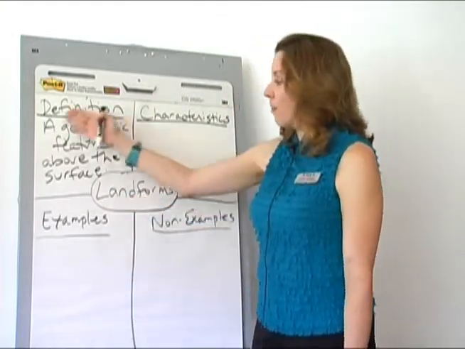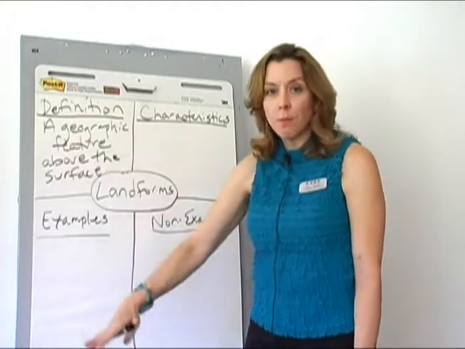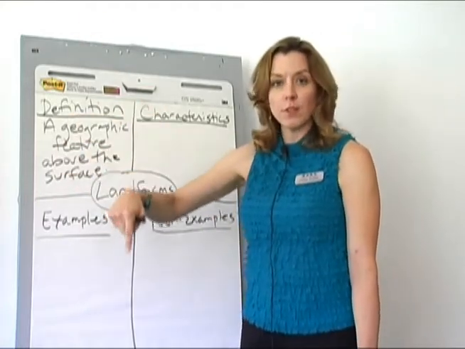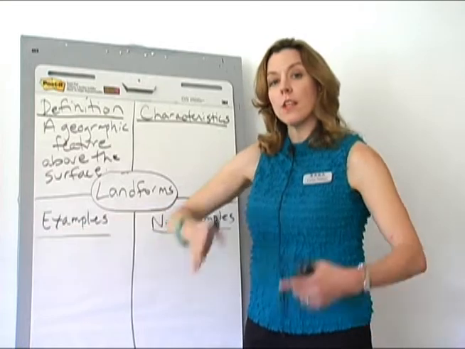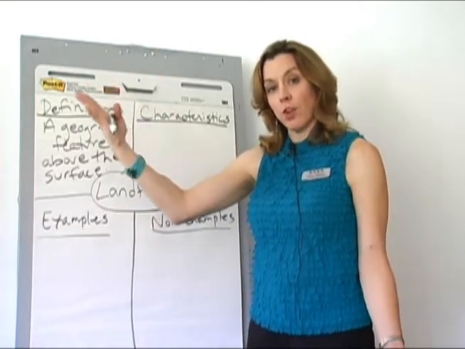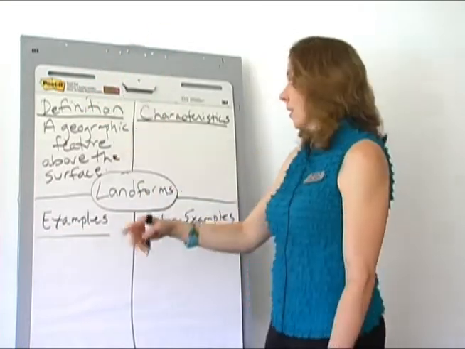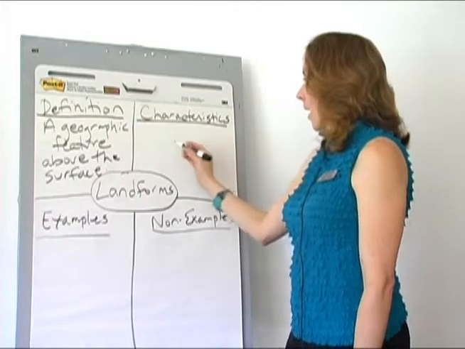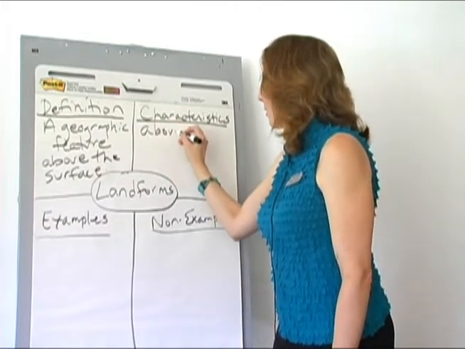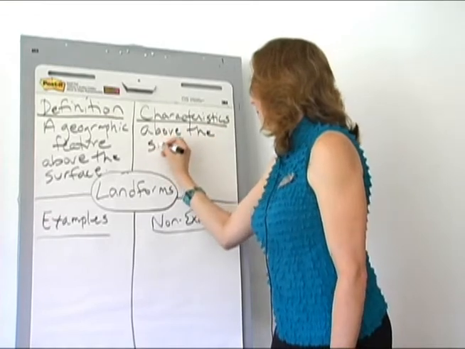So a landform is going to be a feature of geography that is above the surface. So if this is our surface, if the ground is our surface, then it's going to be something above the surface. Above. So characteristics. I'm going to put above the surface, just what I was saying.